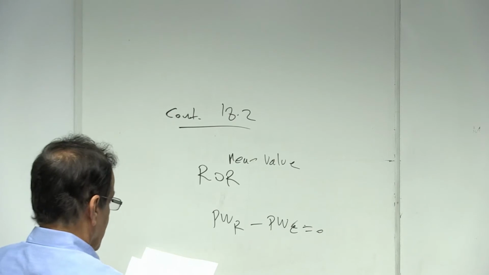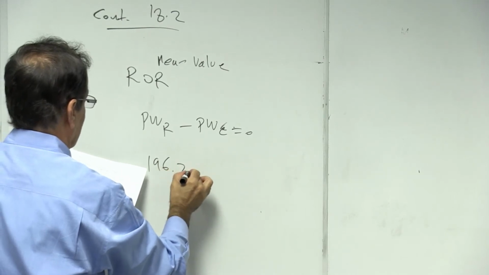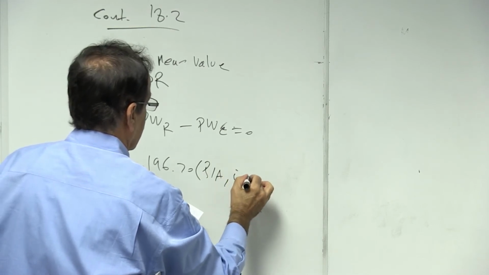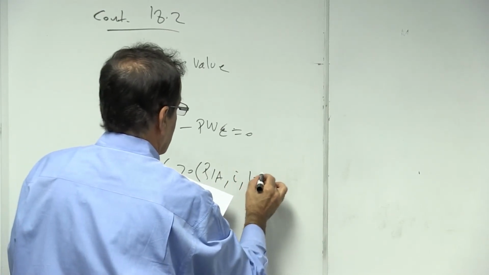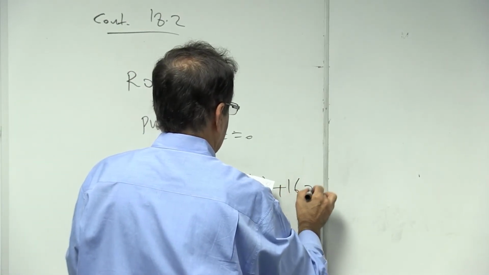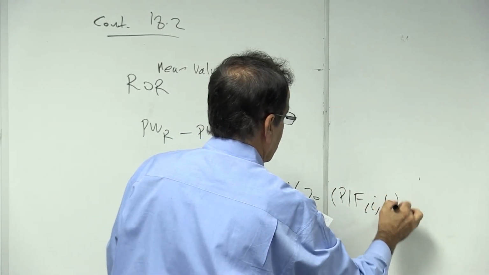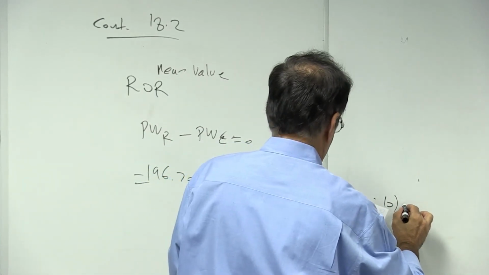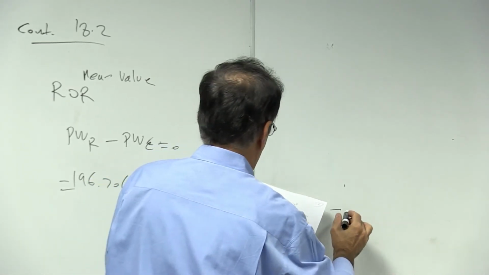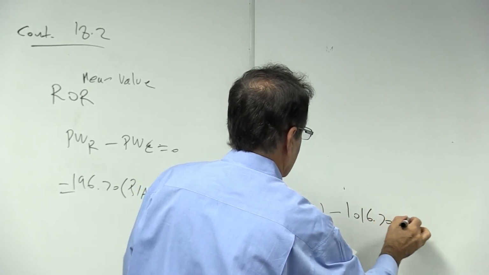So the revenue, the mean value, was $196.70. We're going to multiply this one by P given A, I, and the life based on the average was 10 years. Now, the salvage value was $16.70. We're going to multiply this one by P given F, I, and 10 periods. And the initial cost was $1,016.70.